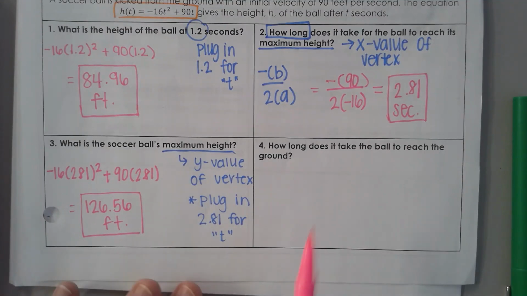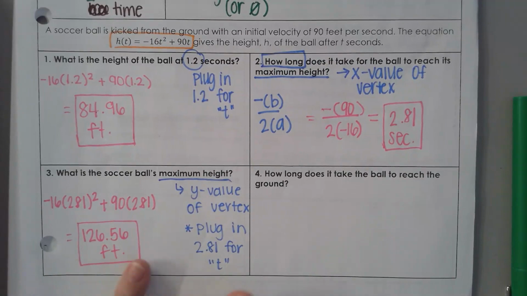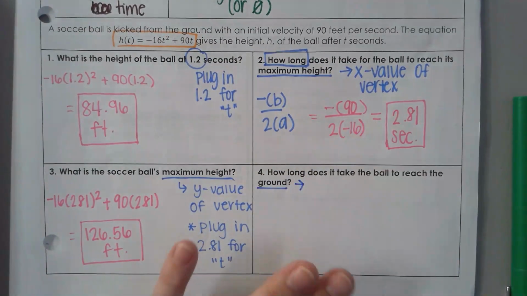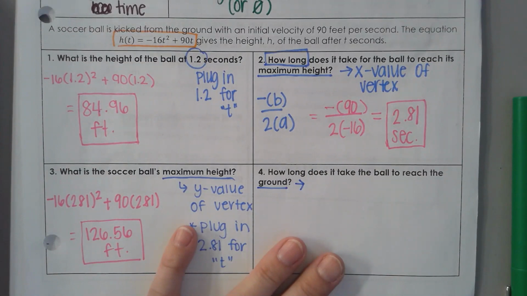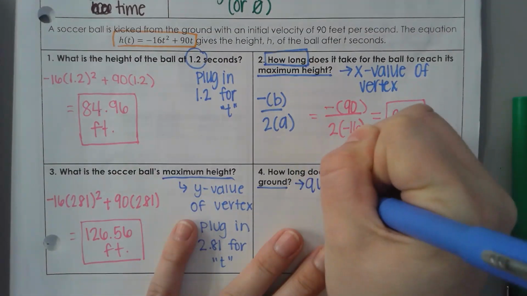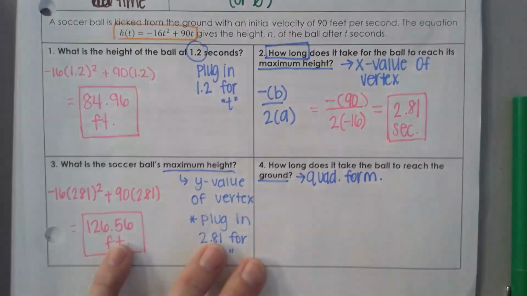And number 4, how long does it take to reach the ground? What are we doing here? How am I going to find the x-intercepts? Quadratic formula, yes. So I will rewrite it here.